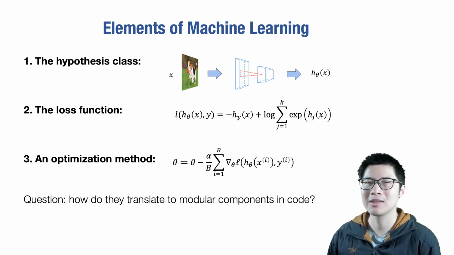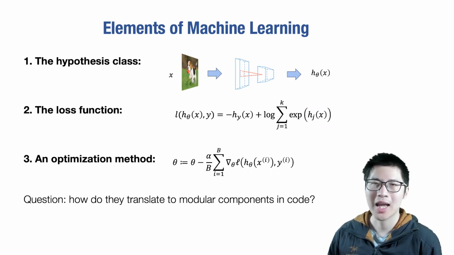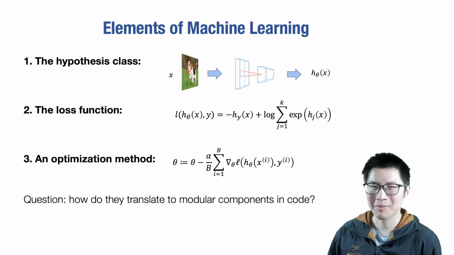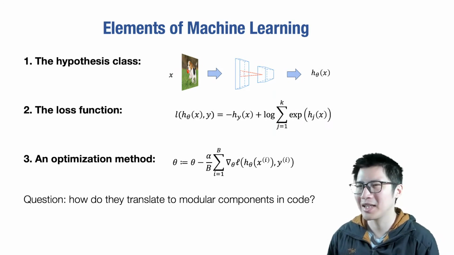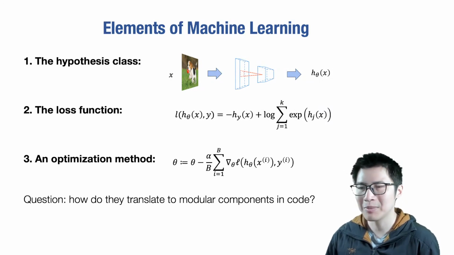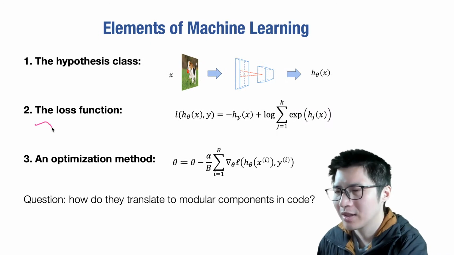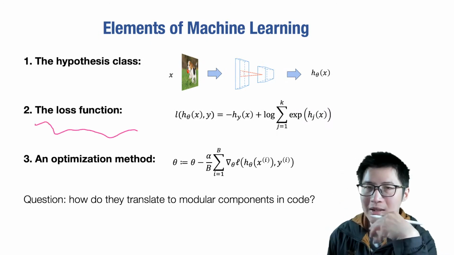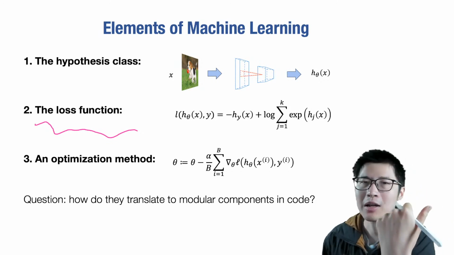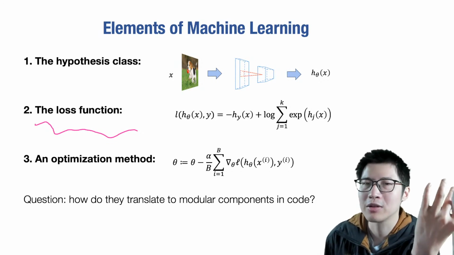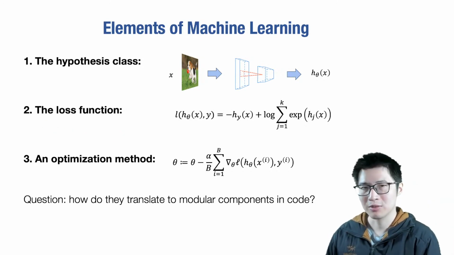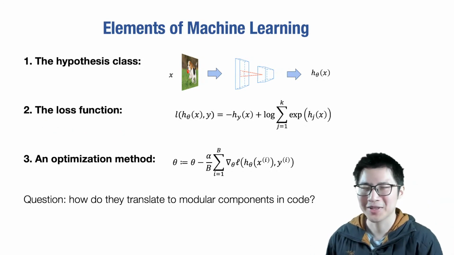This is even true before the age of deep learning. We can pause a bit and think about how we can translate those modular components into code. For example, because we have a loss function, a machine learning framework can certainly supply loss functions. This has been very useful in another framework that I developed before called XGBoost. Hopefully some of you also use that framework.